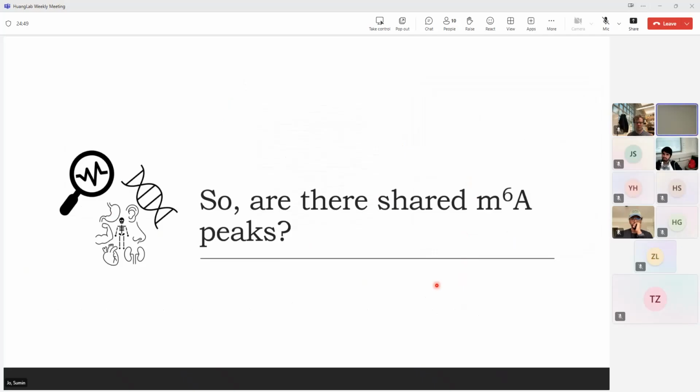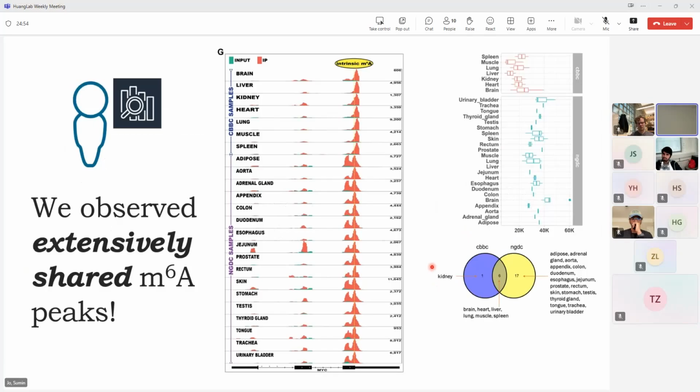After we predicted the peaks across these tissue samples, we observed the predicted peak regions across the samples. The top 7 are the CBBC samples, and the bottom samples are the tissue samples from the NGDC data.